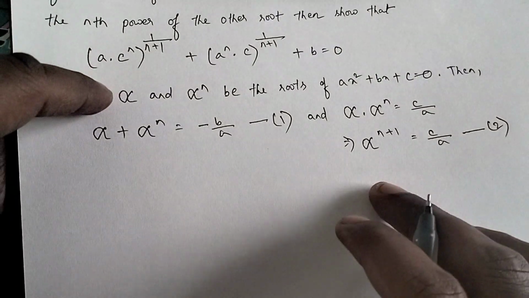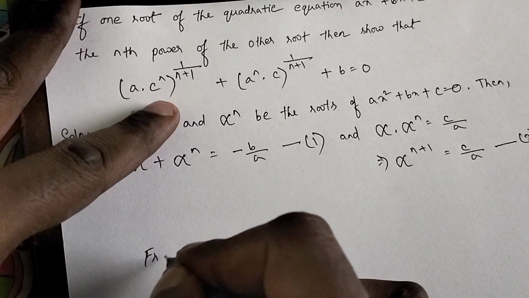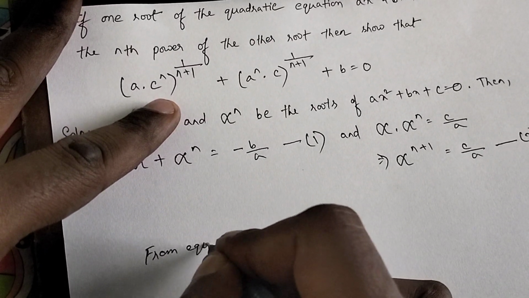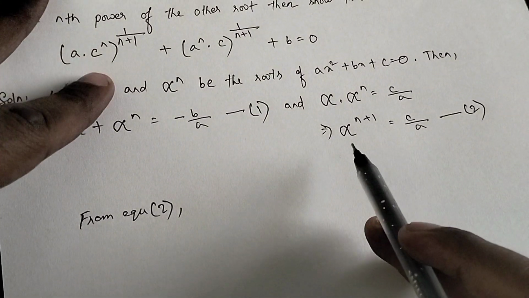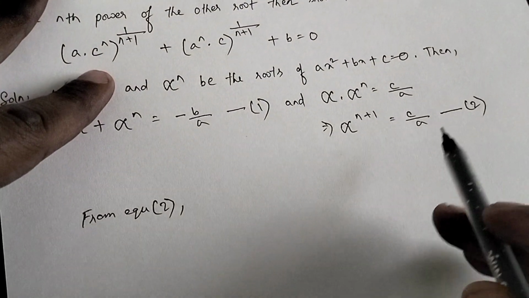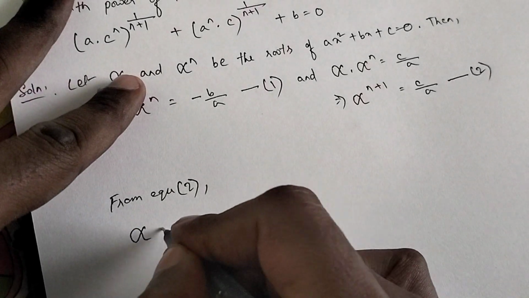So now from equation 2, alpha to the power n plus 1 is c by a, right? Now you can write alpha will be what then?